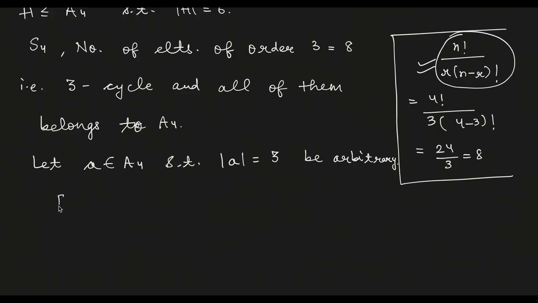So the index of H in A4 is the order of A4 upon the order of H. The order of A4 is 12, the order of H is 6, so this is 2.